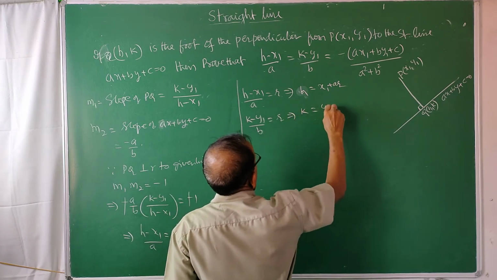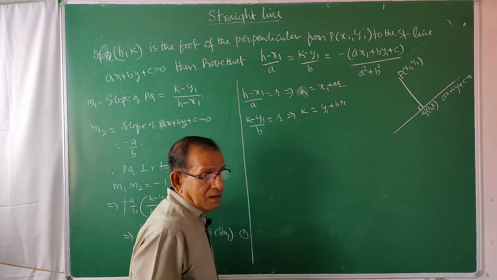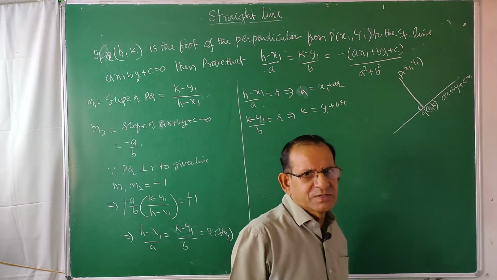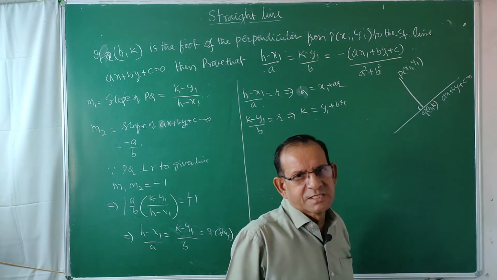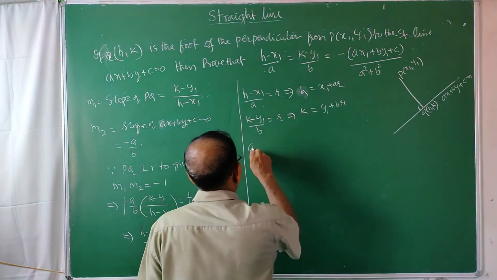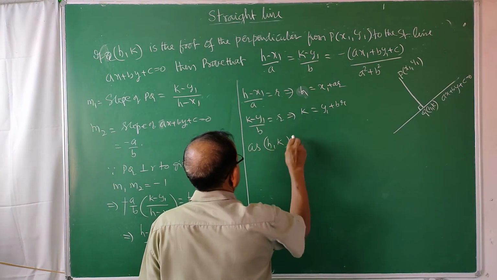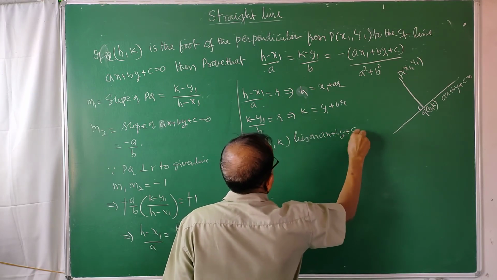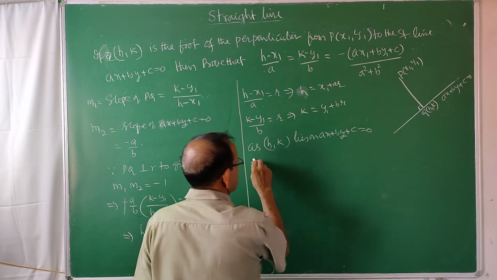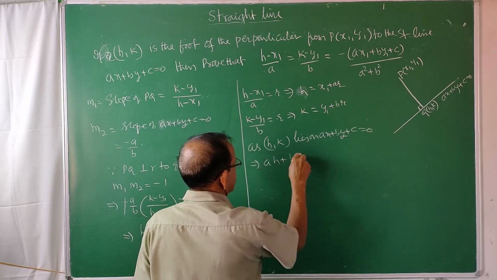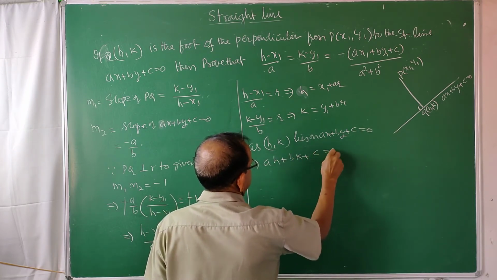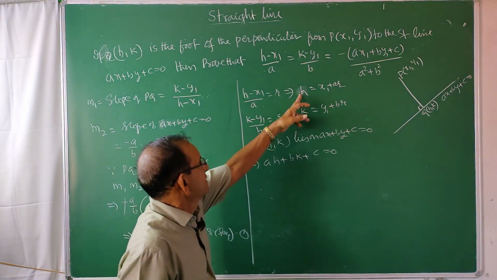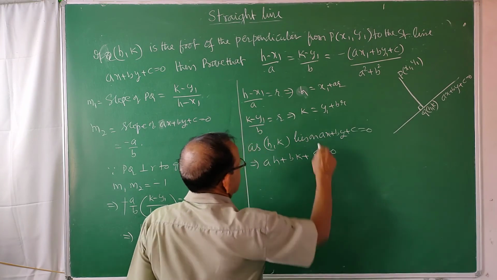But H, K is a point on this line ax plus by plus c is equal to 0. So you can substitute: H, K lies on ax plus by plus c is equal to 0. That implies ah plus bk plus c is equal to 0. Now substitute h and k values. h is x1 plus AR, k is y1 plus BR.